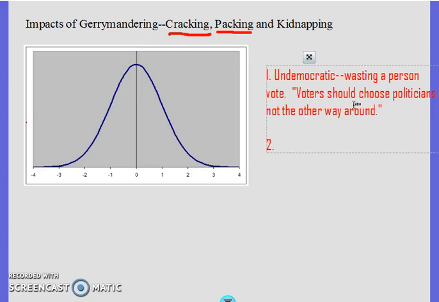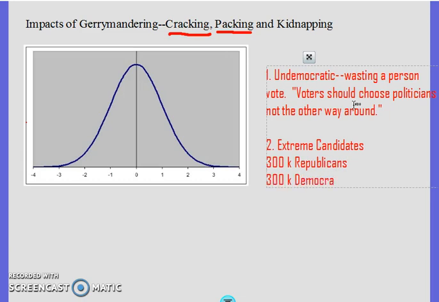The second concern, it makes for more extreme candidates. We'll compare 2 districts. District number 1 has 300,000 Republicans, 300,000 Democrats, and 100,000 independents.